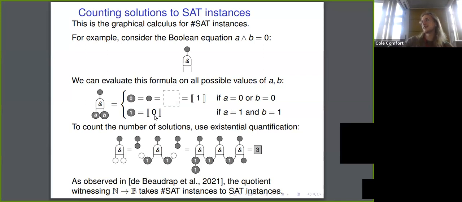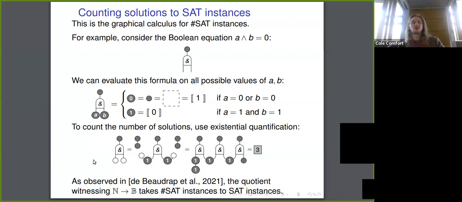But recall previously I said how the white spider with one output can be regarded as existential quantification. So in this setting, actually it's existentially quantifying over the number of satisfying solutions. So here, if you take the AND gate, you assert that the output is equal to 0.